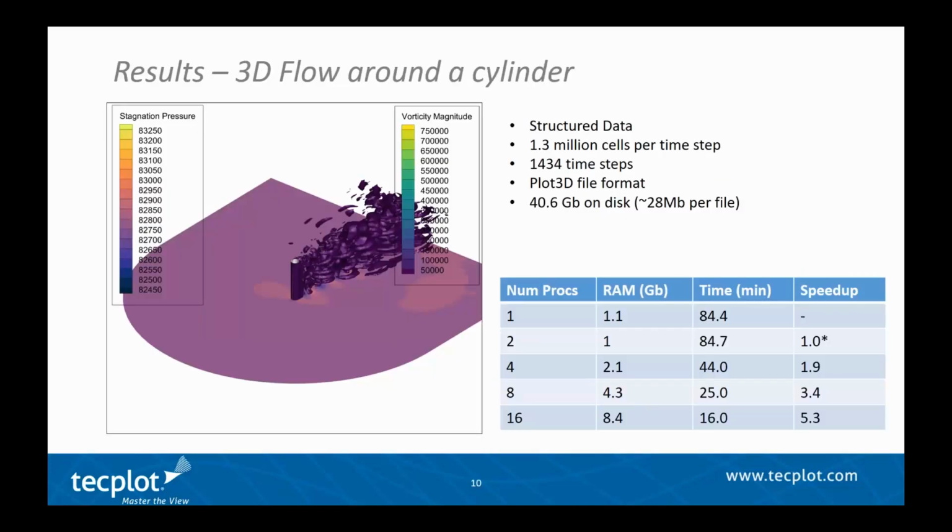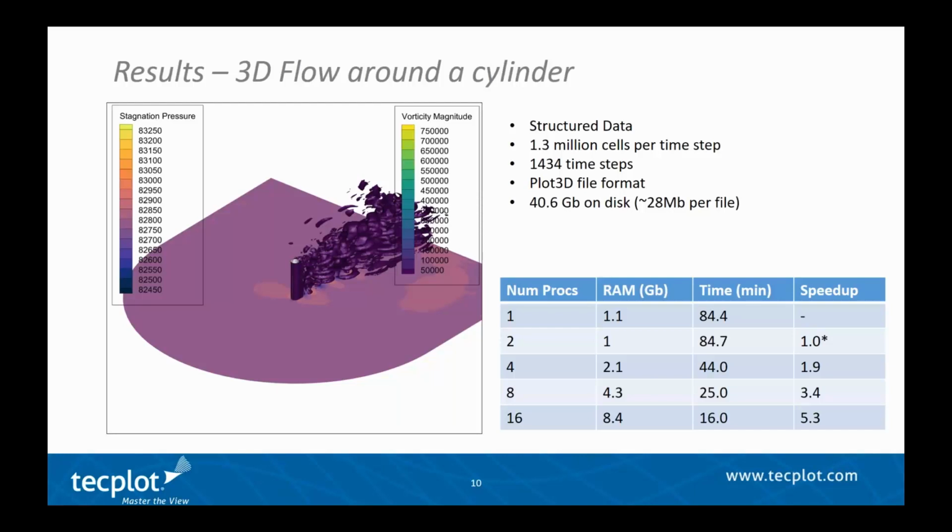Okay, so some of the results, this flow around the cylinder, what I showed you today is just a few time steps of the overall case that we did. This was a structured data set, about 1.3 million cells per time step and 1,400 total time steps. There's about 40 gigs on disk, and this one was interesting. We didn't get really any scaling between 1 and 2 processors. And I think that the reason there is some data loaders, some data formats are a little bit more expensive to load than others.